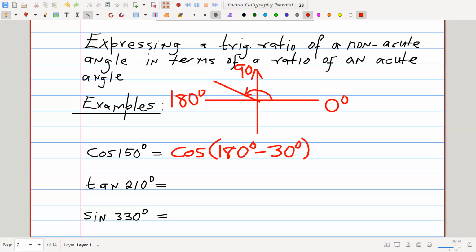So even if you look at 210, 210 lies somewhere here, past the horizontal line. Why can't I say I have 210? Can I add something to 180 to get 210? Of course, you can add that 30 degrees. Now we are moving to the third quadrant. So I'm in the third quadrant. So you can write this as tangent of 180 degrees plus 30 degrees. That will also give you tan 210.